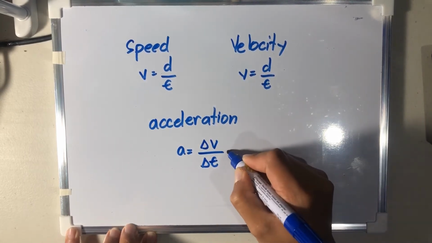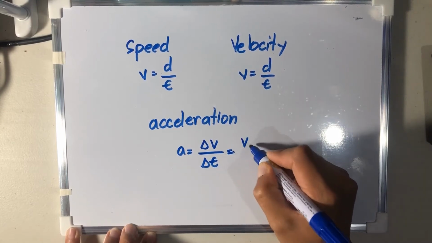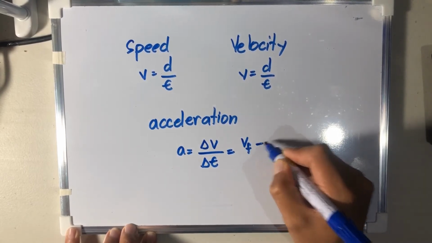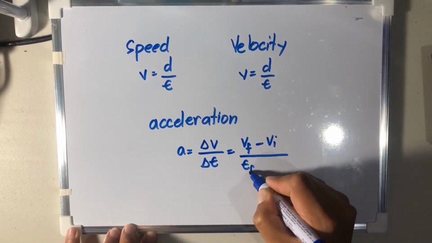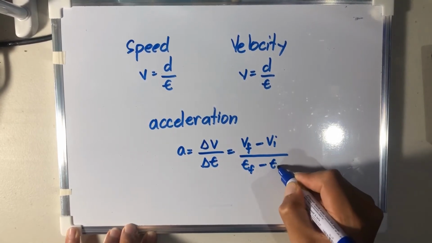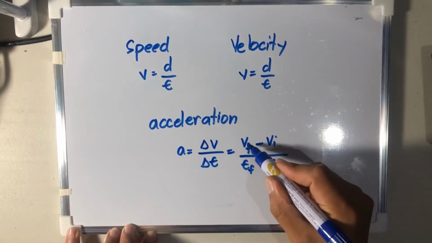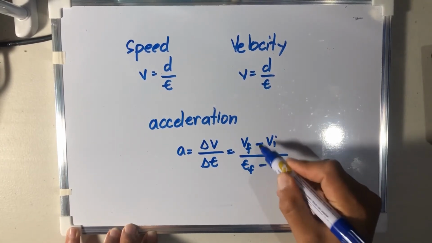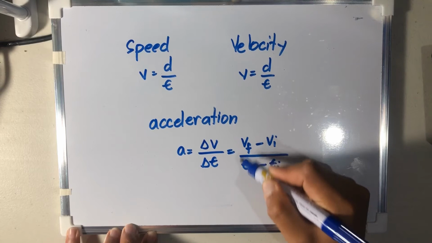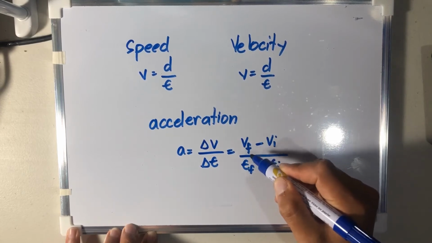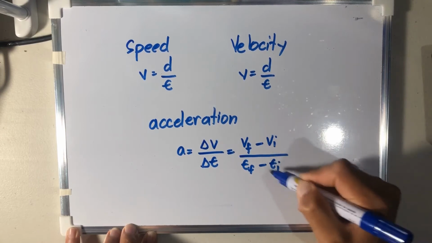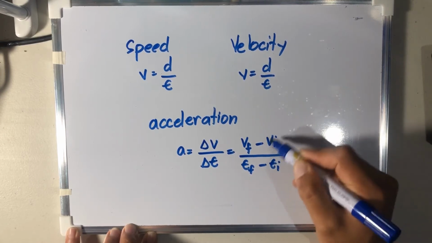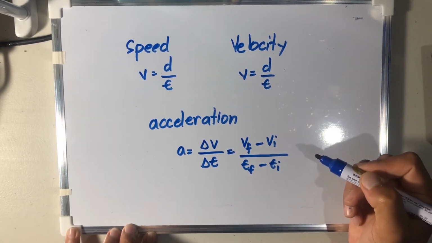If you expand this, that would be v subscript f minus v subscript i over t subscript f minus t subscript i. The f subscript denotes the values at the final point of the problem, while the subscript i denotes the quantities at the initial point of the problem.